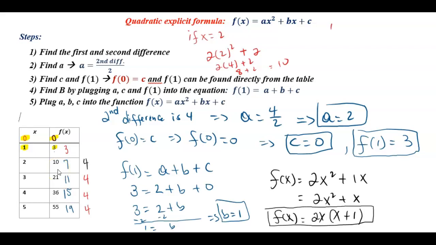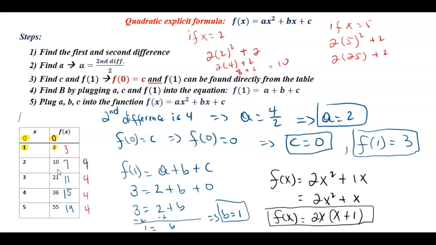If x is 5, so we're gonna have 2 times 5 squared plus 2. So 5 squared is 25. So we're gonna have 2 times 25 plus 2.